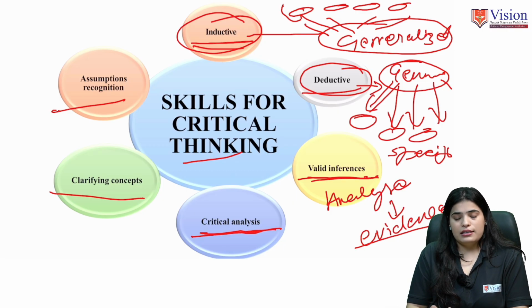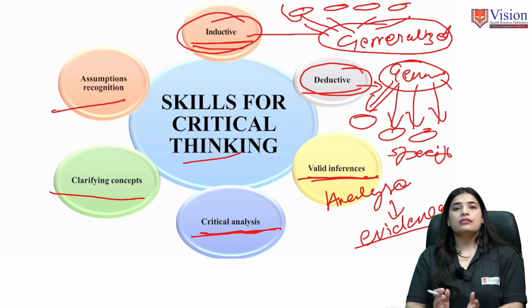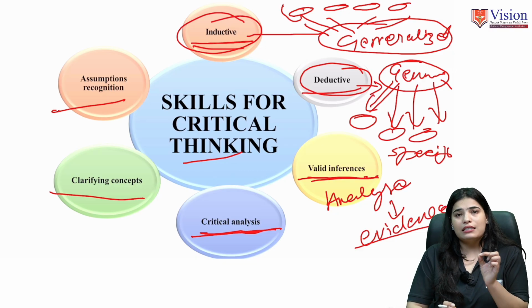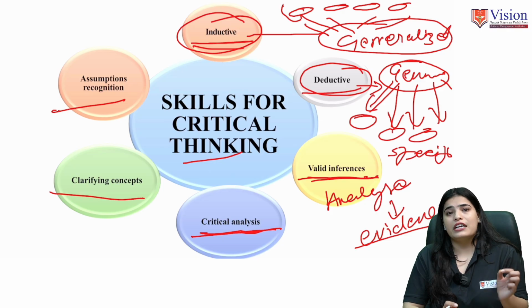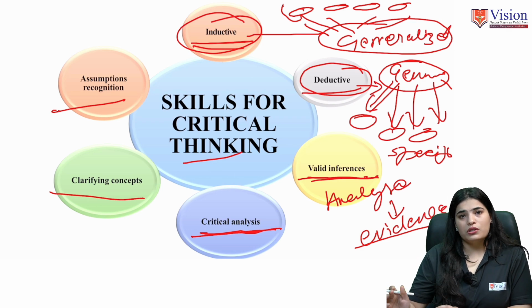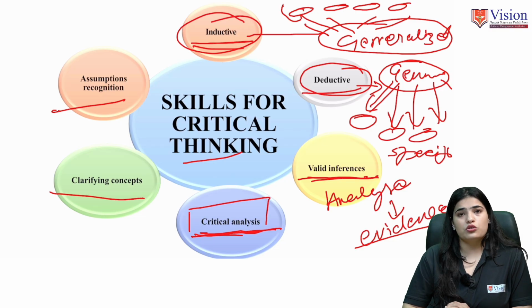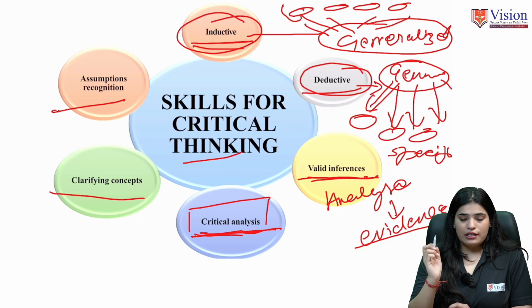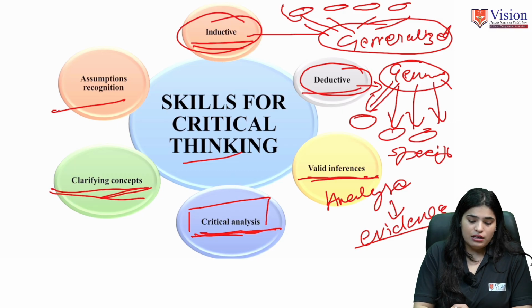Next is critical analysis. Critical analysis is where we analyze each and every part of the situation, trying to find various reasons and situations, and how unique the situation is. On the basis of that, we analyze the situation. Next is clarifying the concept.